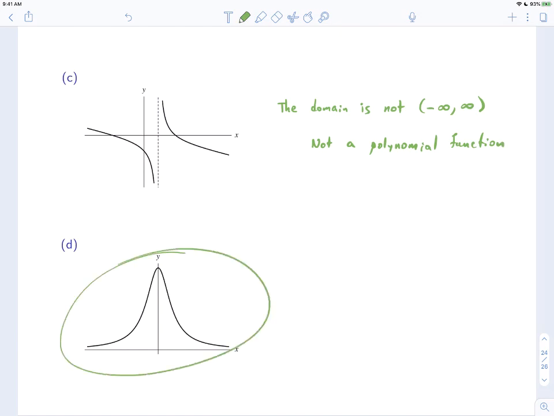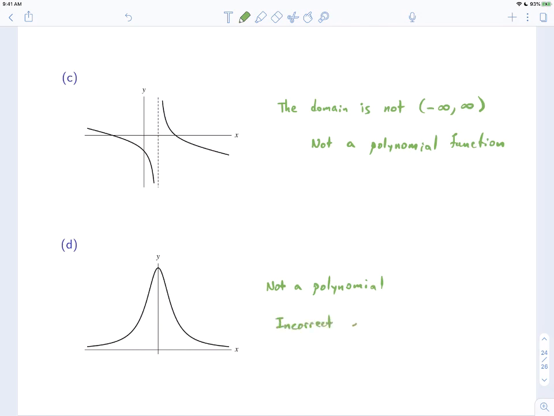What about this one? This one doesn't have the right end behavior. The first one here, C, didn't have the right local behavior. This one doesn't have the right end behavior because a polynomial has to go to either infinity or minus infinity as x moves to the right or to the left. So this one is also not a polynomial, because it has the incorrect end behavior.